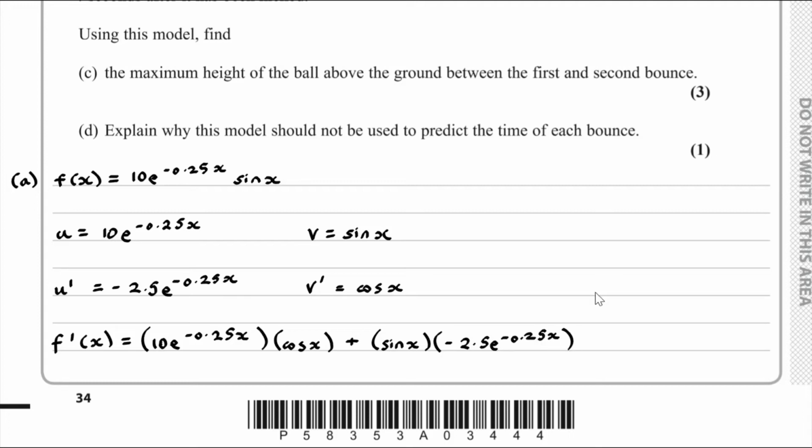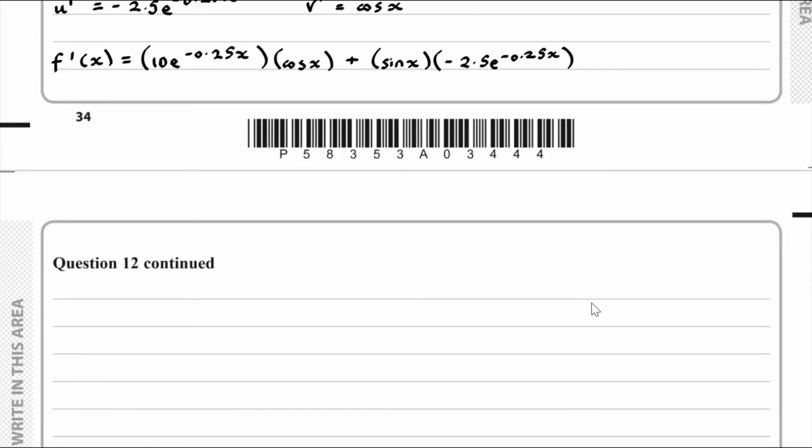Okay, so if we tidy this up a bit, we have over here what's common to both. That would be 2.5 e to the minus 0.25x. So we have 2.5 e to the minus 0.25x, and then we multiply that by 4 cos x minus sine x.